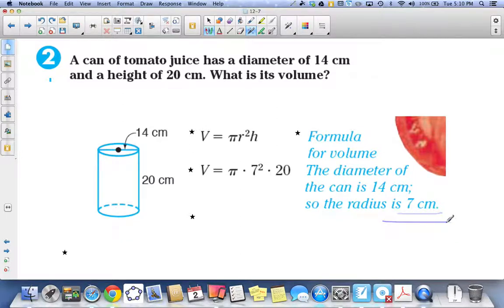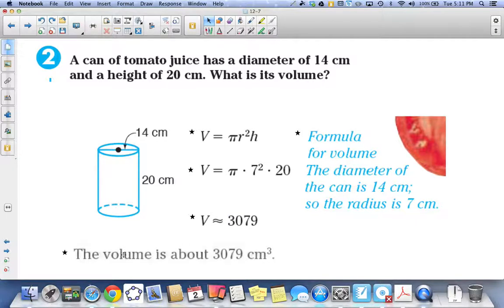Square it, multiplied by the height of our cylinder, which is 20 centimeters. From there, we can find the volume, which is approximately 3,079 cubic centimeters.